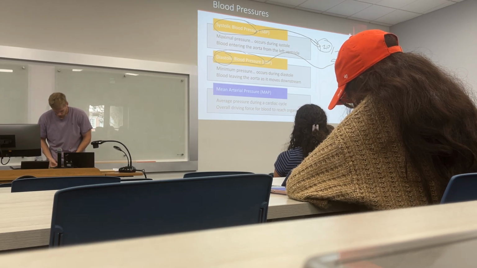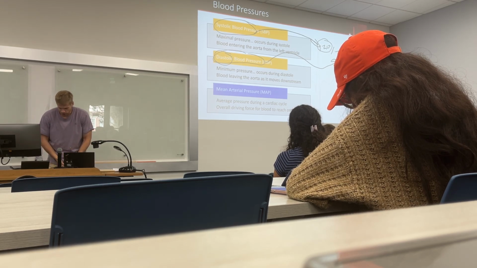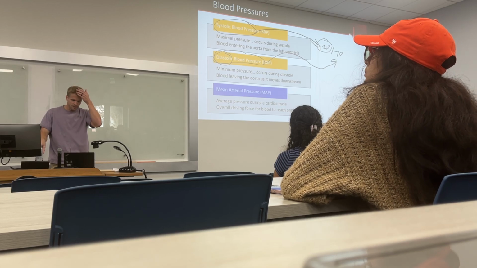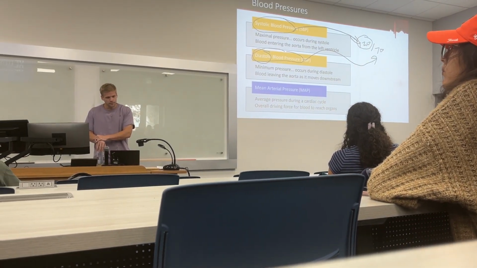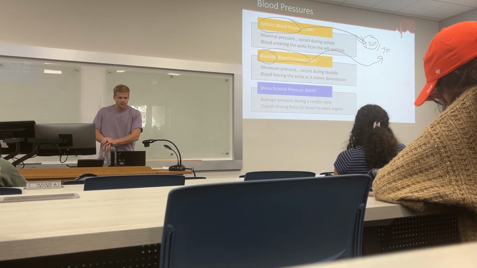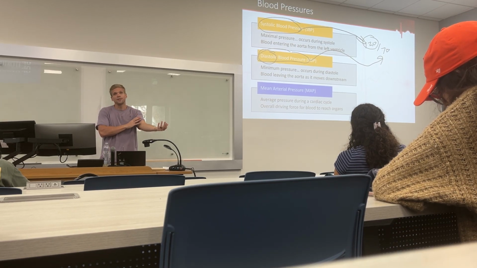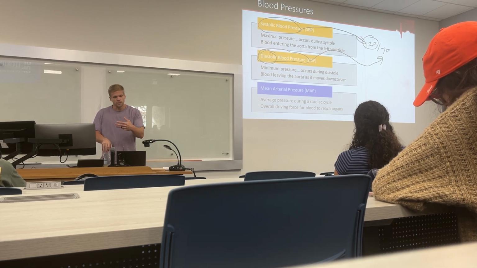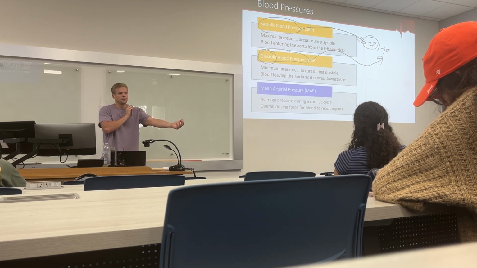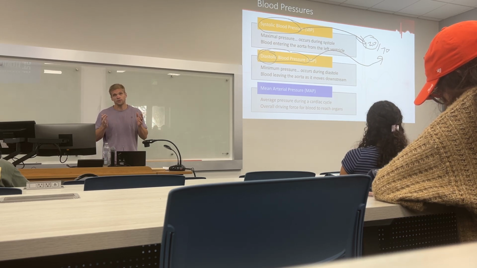So when someone takes your blood pressure, or you take somebody else's blood pressure, and you get the systolic and diastolic pressure, and you read it out to them, what you're actually telling them is for that particular artery, in this case it would be like the brachial artery, you're telling them the maximum amount of blood pressure that's being exerted against the vessel, and you're telling them the minimum amount of pressure that the blood is exerting against that vessel. And that's all you're getting out of that.